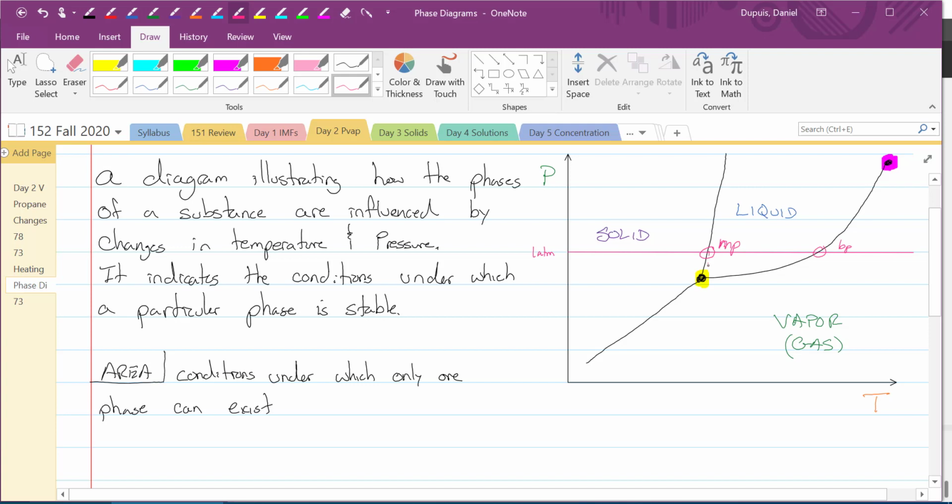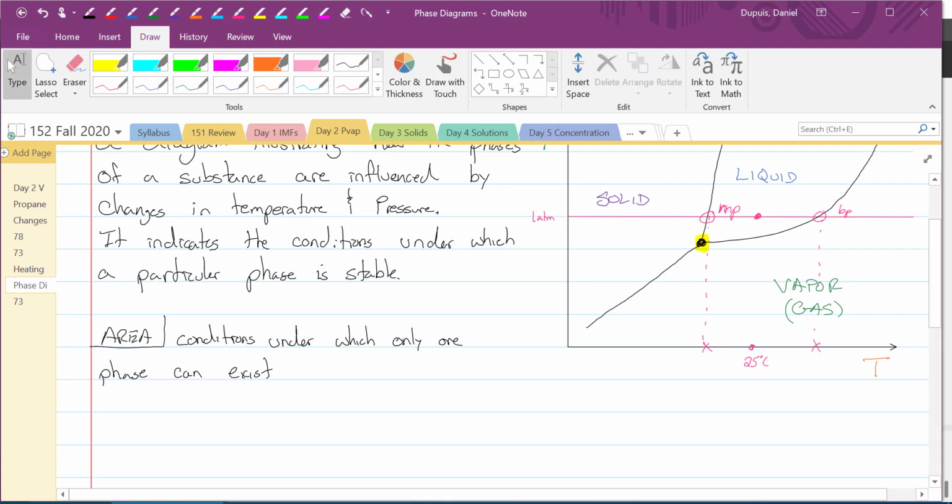Because they come straight down right there, and those are those temperatures and that pressure. So let's say right there is 25 degrees Celsius. There, it's normally a liquid at 1 atmosphere. But we can change the pressure and temperature and change the phases.